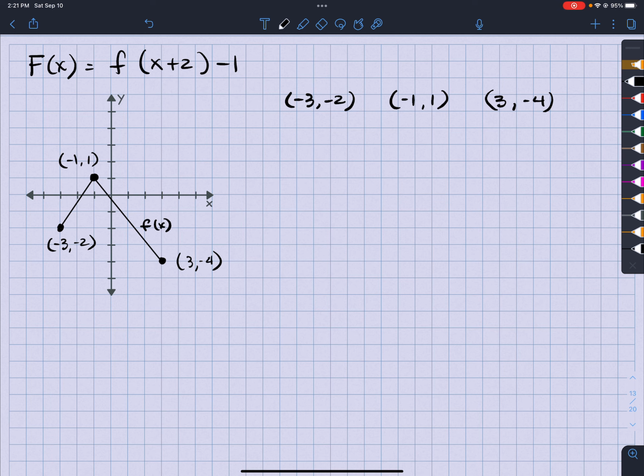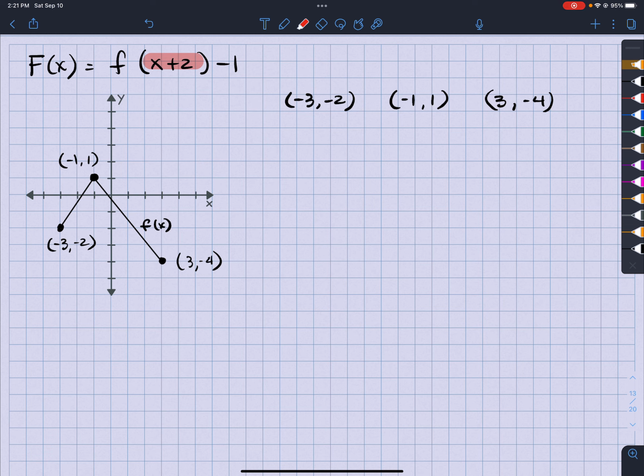All right, first thing I'm going to do, when I look at this right here, order of operations tells me parentheses first. So I will have to deal with this part first. Inside the parentheses, everything's backwards.